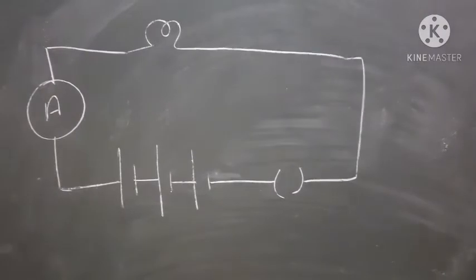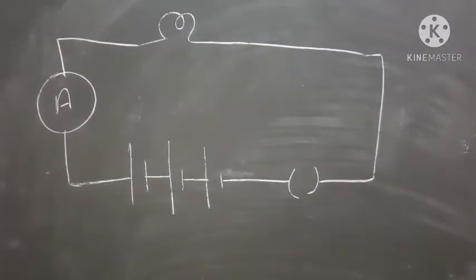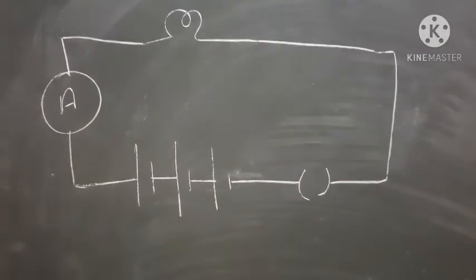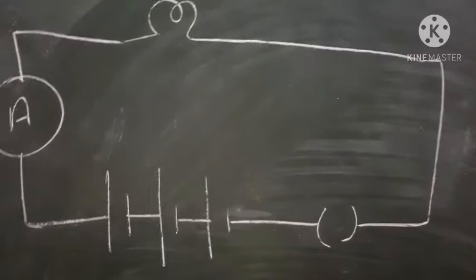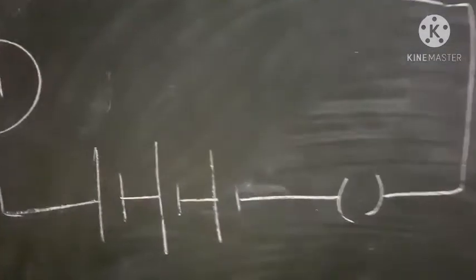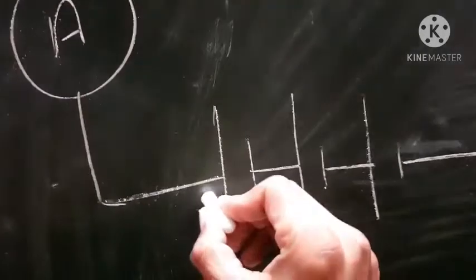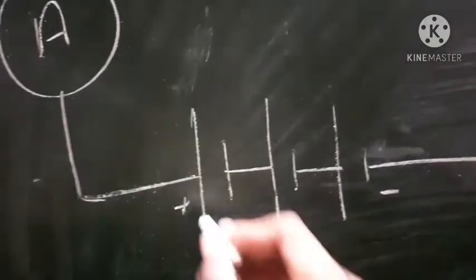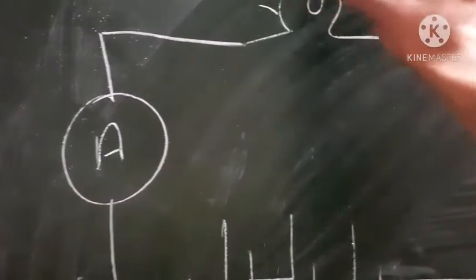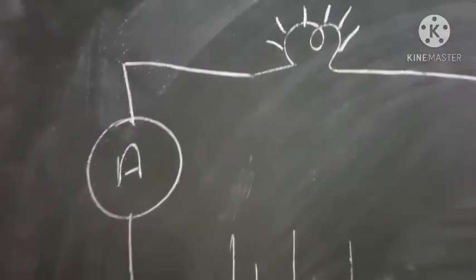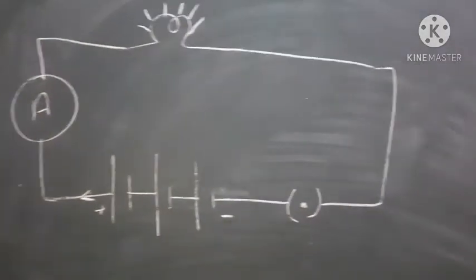So now you can see that this is the simple representation of an electric circuit. Now you can see there is a gap between its two terminals here. So this is an open circuit. Now if we press the key, then the current will start flowing from the positive terminal, and the bulb will start glowing, and the ammeter will show some readings of the electric current.